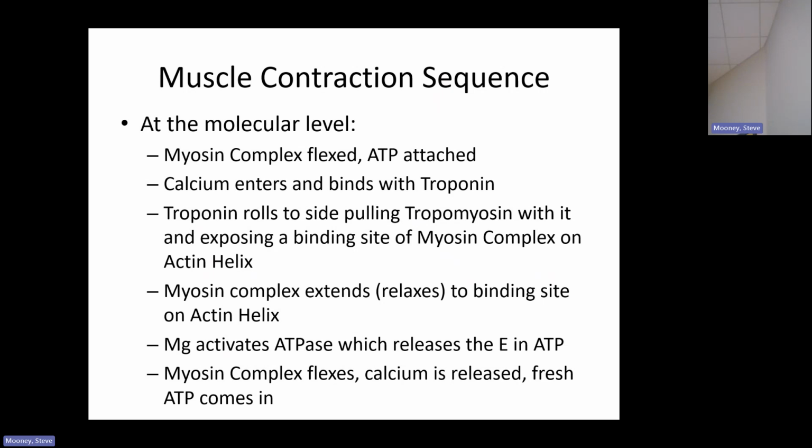Okay, so we've got that part figured out. I need 4 of you to be myosin, 8 of you to be actin. Actin stays on the table line, myosin steps out.